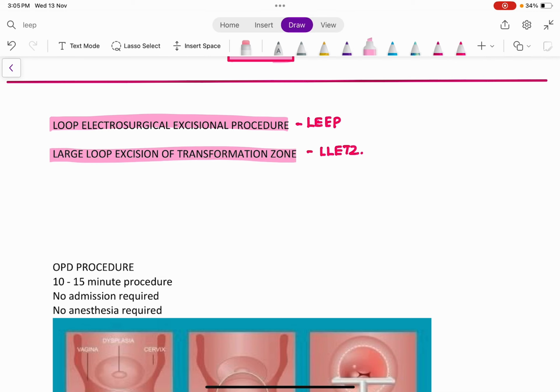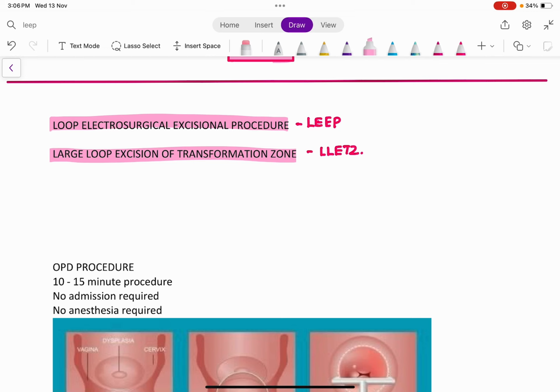Now you tell me, what is the transformation zone? As we have studied in the previous module, the transformation zone is that area of the cervix which lies between the old and the new squamocolumnar junction. We have three types of transformation zone: type 1, type 2 and type 3.